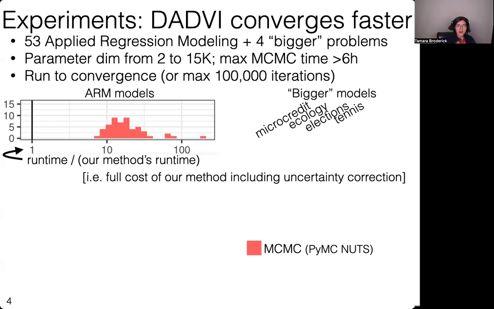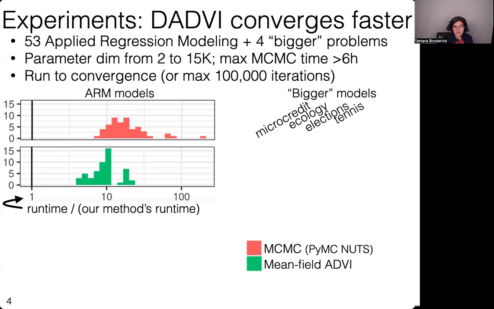In this case, we have this vertical line at 1, and we're making a histogram over all the different models, in this case, these applied regression models. If things in the histogram are to the right of 1, our method is faster. If things are to the left of 1, the other method is faster. And so here we're seeing that basically across all these models, our method is at least an order of magnitude faster, sometimes quite a bit more.